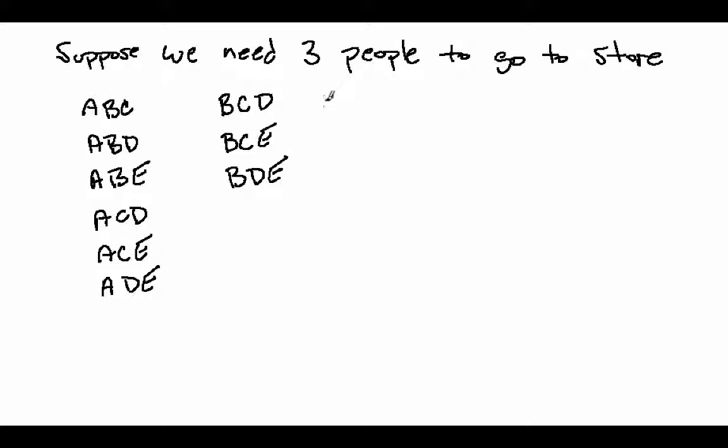And then I could do C, D, and E. That's 1, 2, 3, 4, 5, 6, 7, 8, 9, 10. So there are 10 possible ways of doing this thing.